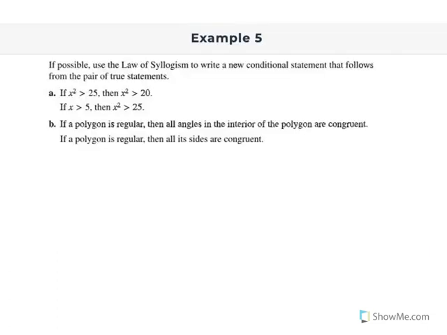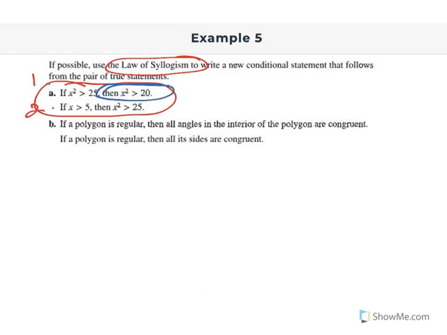All right. So now it's asking about the law of syllogism. One of the ways that you realize that it's asking about the law of syllogism, besides it saying that, is that if you look at the question, it has two if-then statements. Remember that you have to have at least two. For your examples right now, you're going to have two probably.